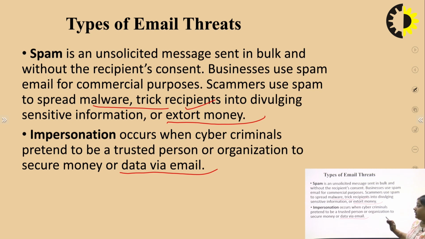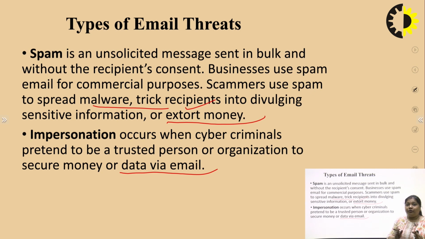Suppose a website has been created with the name of Amazon, and in place of O they place A and make it Amazon, and create a fake website with all the labels and all the structure of the genuine or legitimate website.